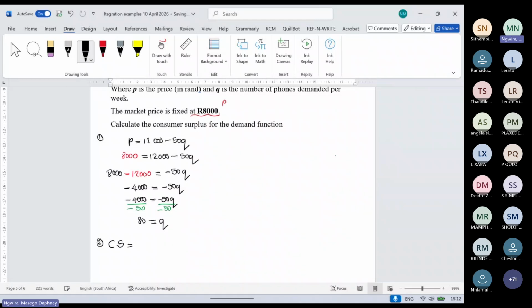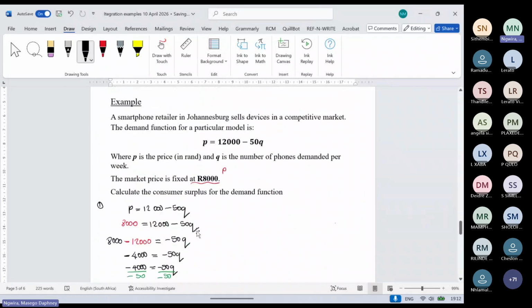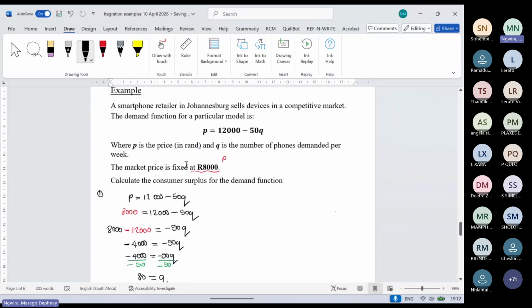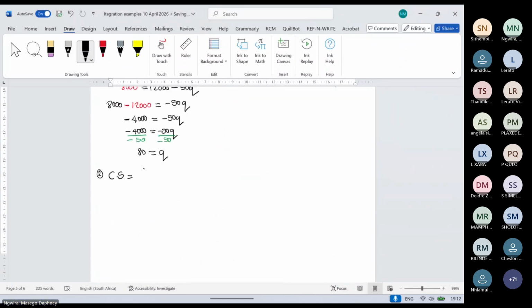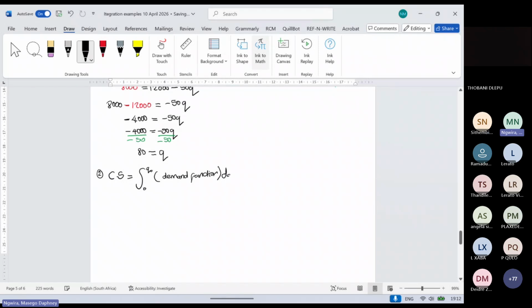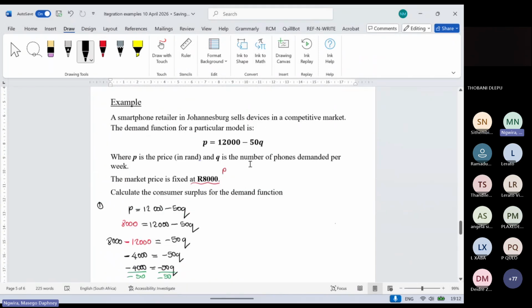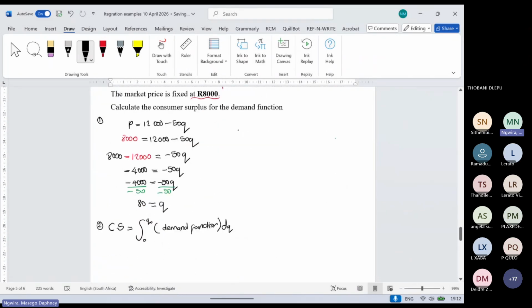Consumer surplus is equal to the integral from 0 to Q0 of the demand function with respect to Q, minus P0 times Q0.